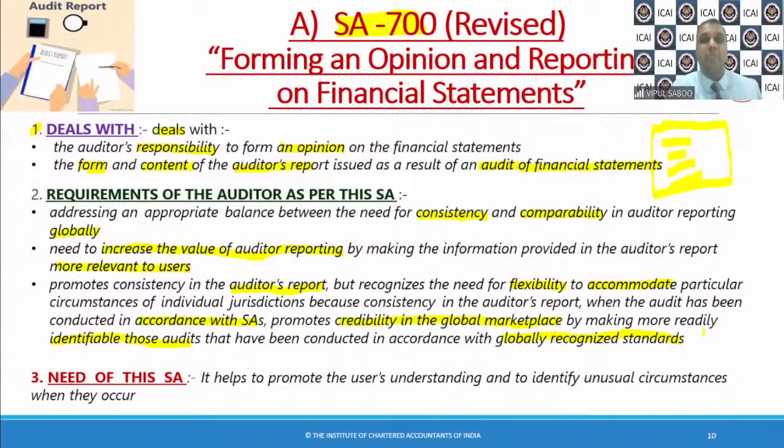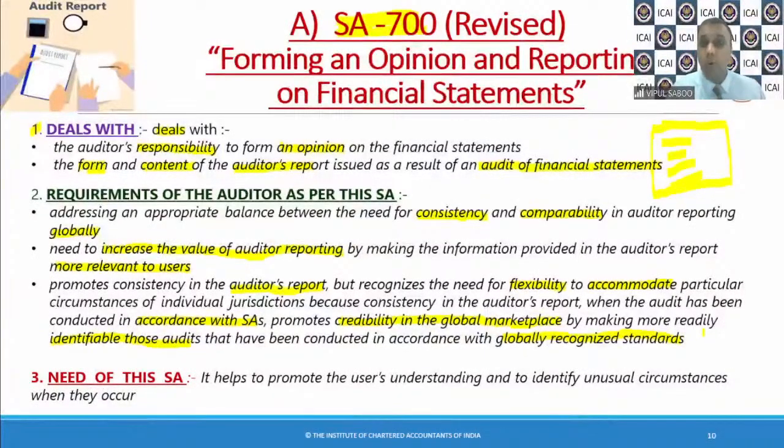So the standards are being revised, being redeveloped on the basis of international requirements, global requirements, to lend more credibility to the audits as well. If my standard doesn't tell me anything about the foreign exchange related transactions, the transfer pricing transactions, and many other factors which are considered global, my standards would be outdated.